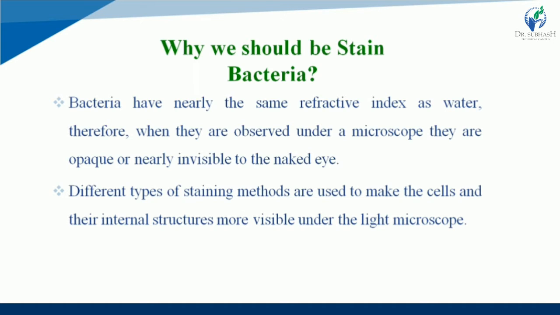Different types of staining methods are used to make the cells and their internal structures more visible under a light microscope. What is a light microscope? We already discussed it in the last lecture.